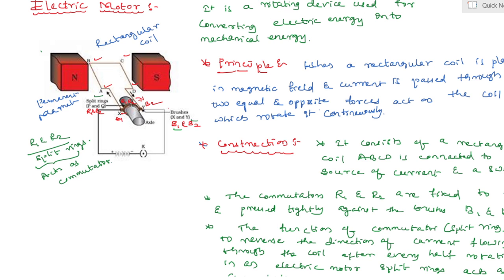The speed of rotation of a motor can be increased by, first, increasing the strength of current in the coil.